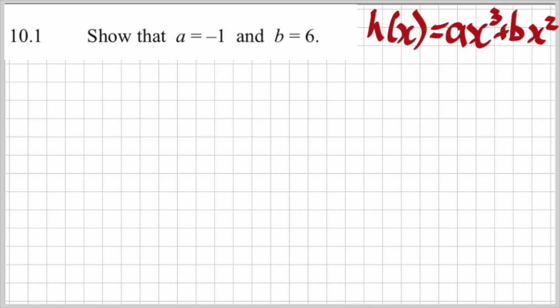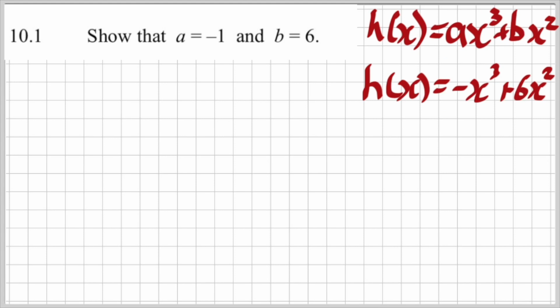Ladies and gents, I just want to kind of ask you for the following. If you go to the examiner and tell them h of x is equal to negative x cubed plus 6x squared, and now you, for instance, substitute points in, and you derive and put points in, and you solve and you solve and you solve, you will get 0.